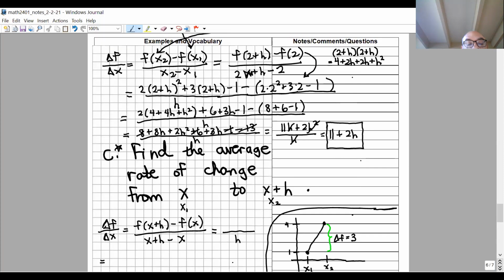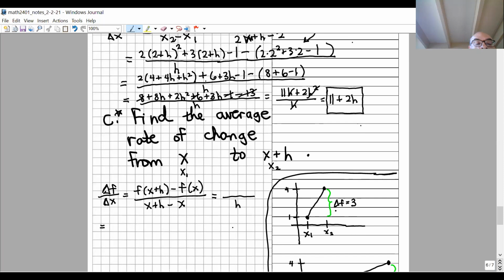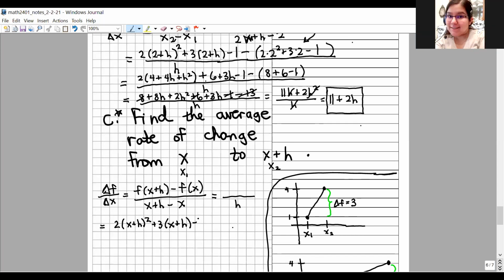That sounds ugly, but let's see if we can do it. So that's going to be 2 times x plus h squared, because remember, the first part of my function formula was 2x squared, but I'm plugging x plus h in for x, plus 3 times x plus h, and then minus 1. So all of this is f of x plus h.